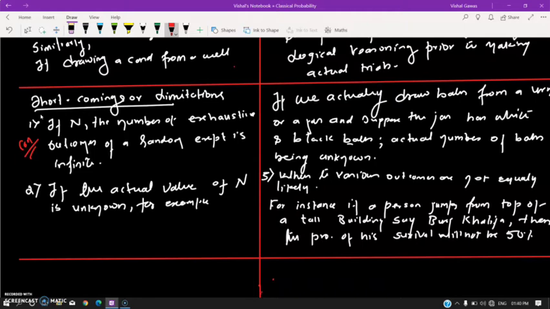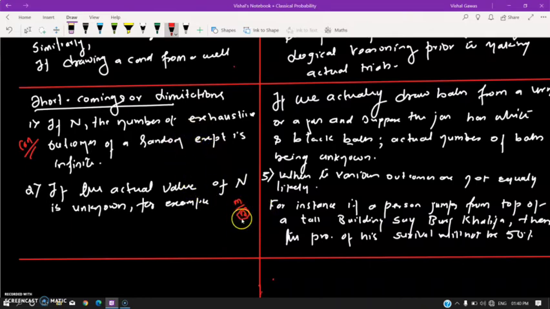If I'm not able to know what n is, then I'm in trouble. I use small n, you can check the previous argument. This n has to be finite. If this n is infinite, then there's a problem.